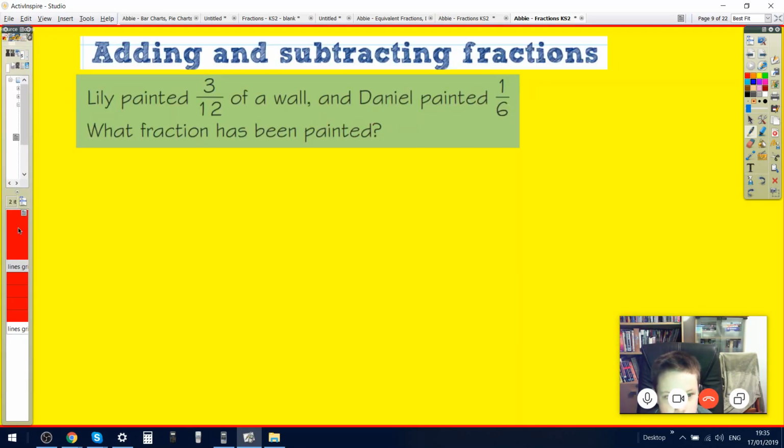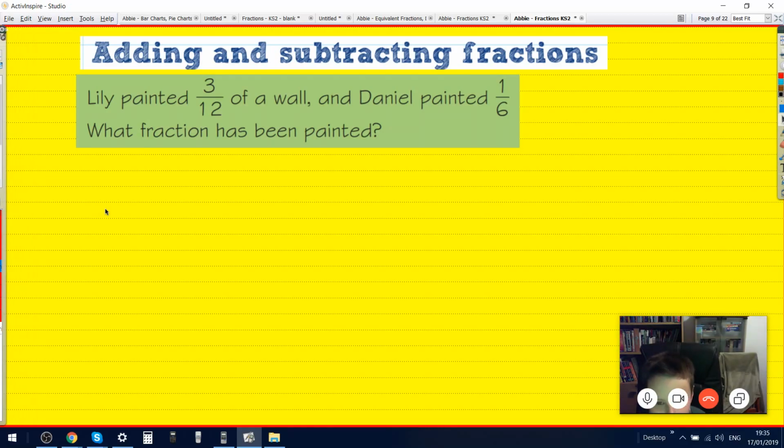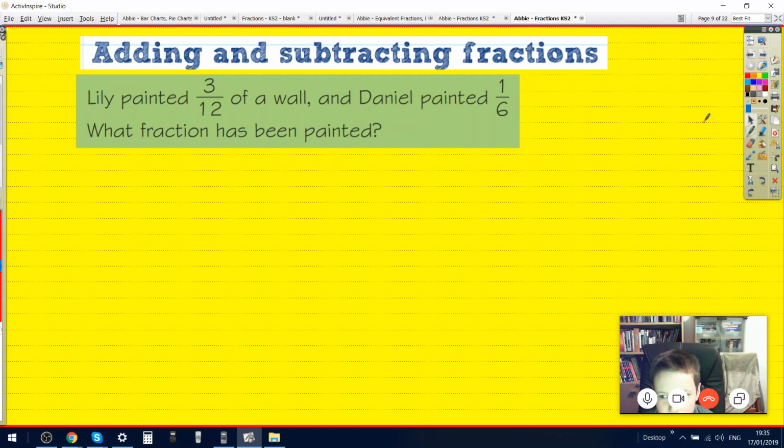Okay, how would you do this? Lily painted 3/12 of a wall and Daniel painted 1/6. What fraction has been painted? I think you would add them together. Yeah. And how do you add those two together?